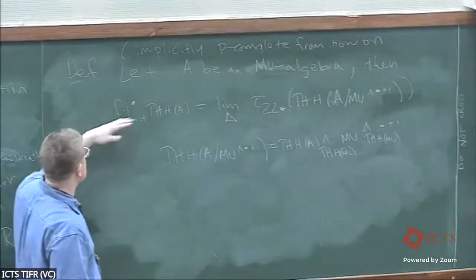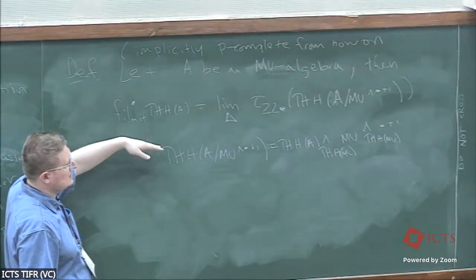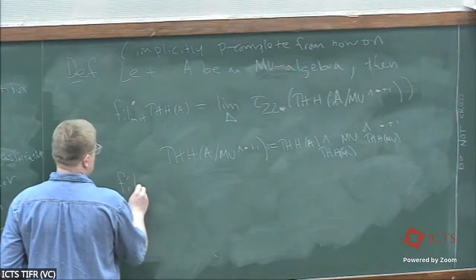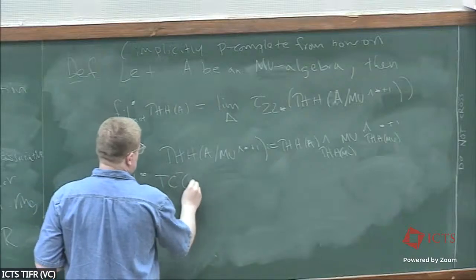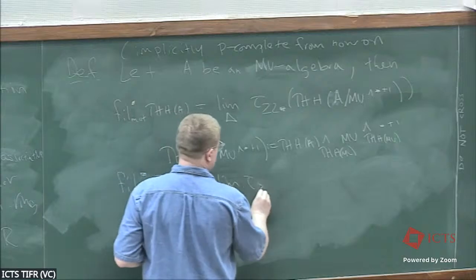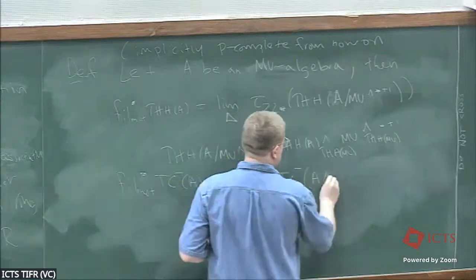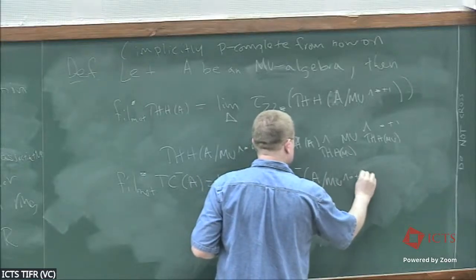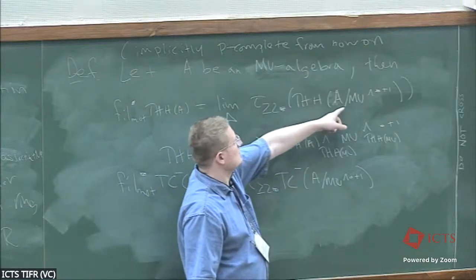And then for these other filtrations, we can do the same thing, but we're going to apply TC^-, TP. There's an issue with TC, but let me just save that for now. So we also have Fil^mot of TC^- of A, the limit over Delta, TC^- of A over MU smash bullet plus 1. So it turns out that this is a kind of relative THH.